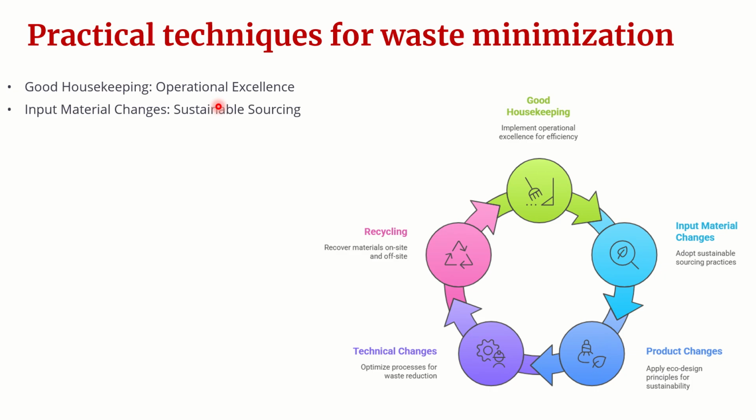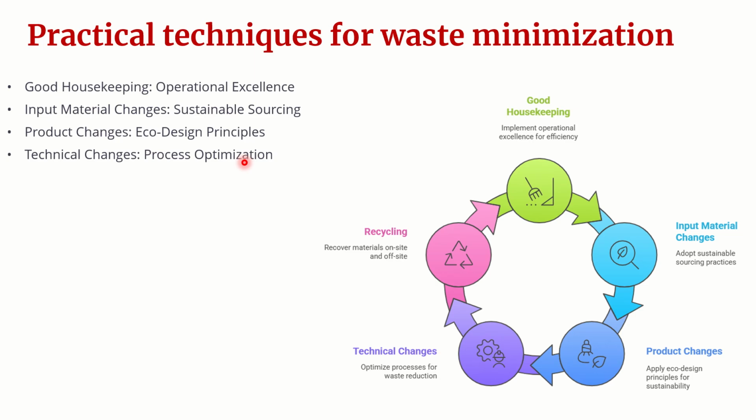This involves using the materials in a process in such a way as to reduce the waste or to improve the environmental performance. And product changes, modifying the product itself to minimize the environmental impact. That is the eco design principle, the core structure of product change. Then technical changes, altering the production process or equipment in order to improve the efficiency and also reduce the waste generation.